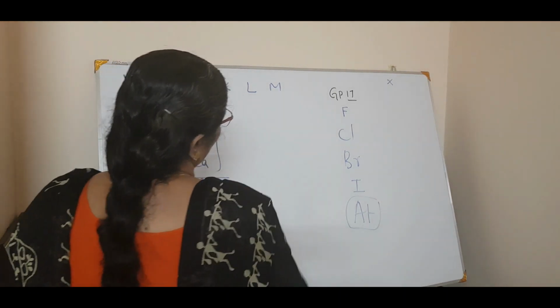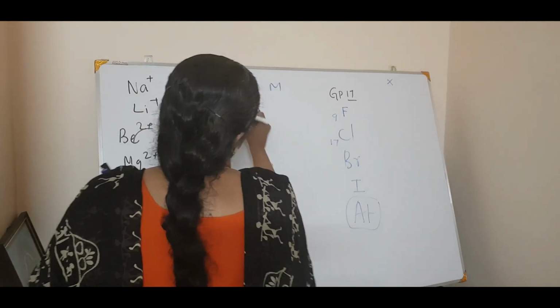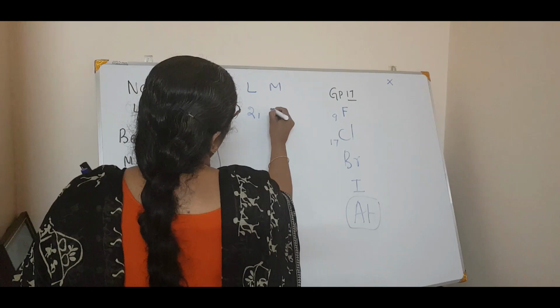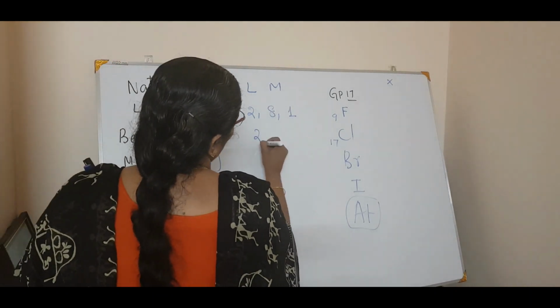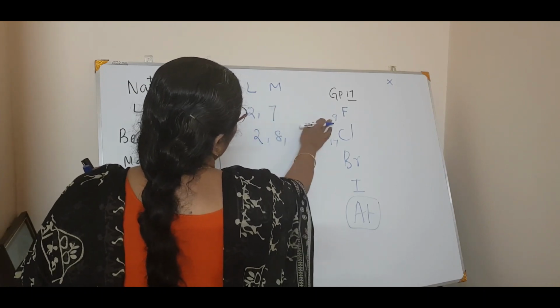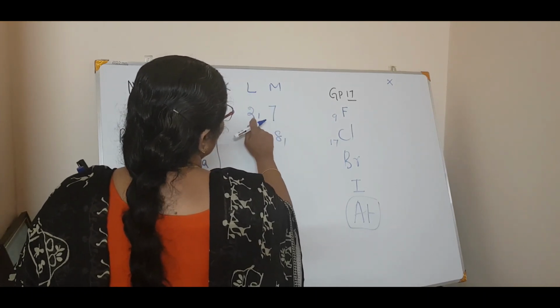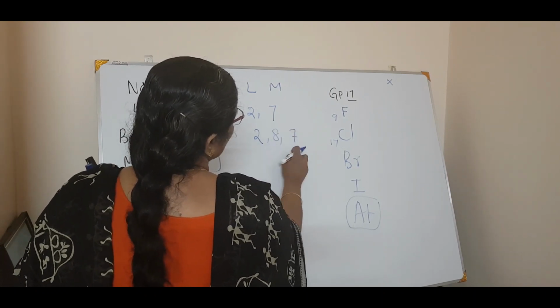What is the atomic number of fluorine? 9. Chlorine is 17, isn't it? So write the configuration: 9 is 2, 7, then chlorine is 2, 8, 7, that is 10 plus 7, 17.